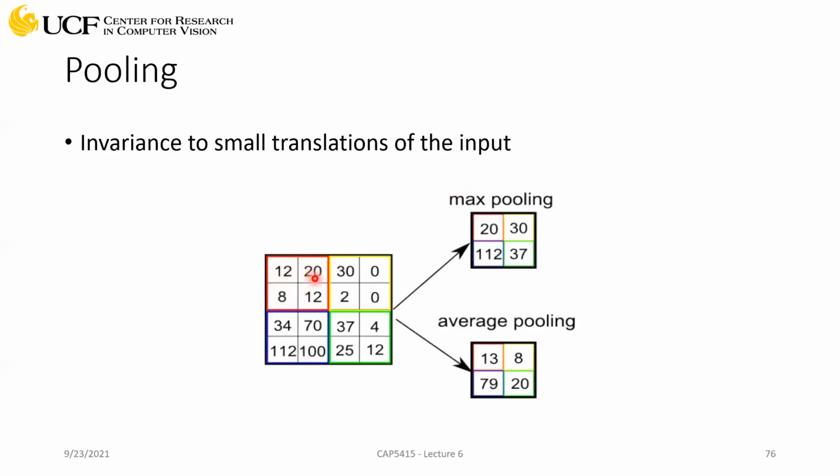In this case, it's 20, so we pick 20 and put it here. Similarly, we pick the maximum activation here, 30, and put it here. So 112 and then 37. Your input activation map is reduced to just 2x2 using max pooling. If you perform average pooling, this will be the result. We are not going to go through it because we just compute the average and replace the value.